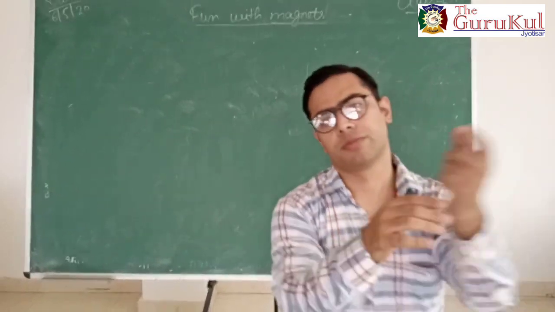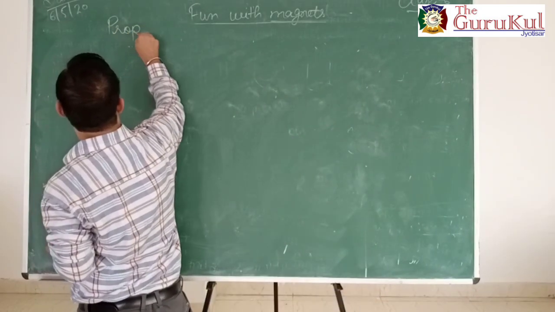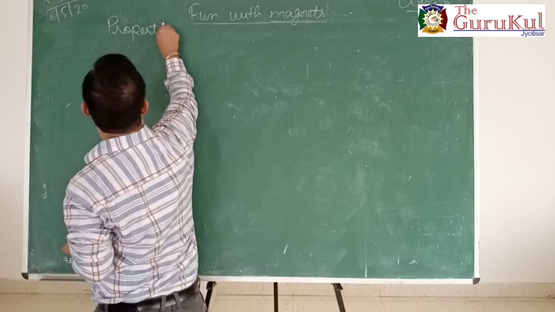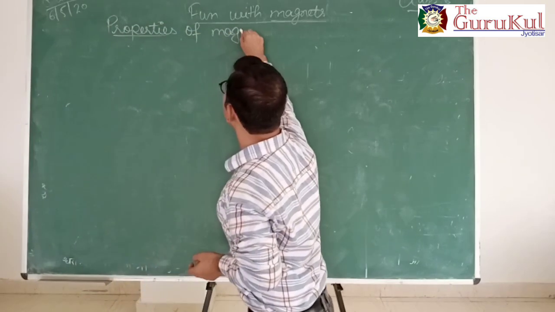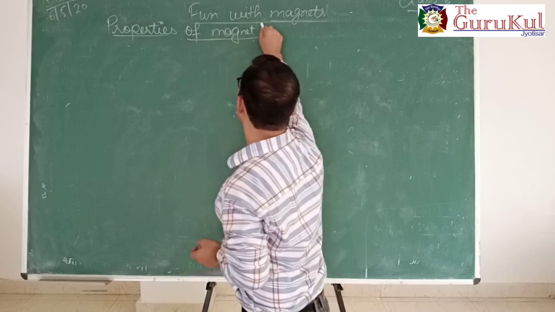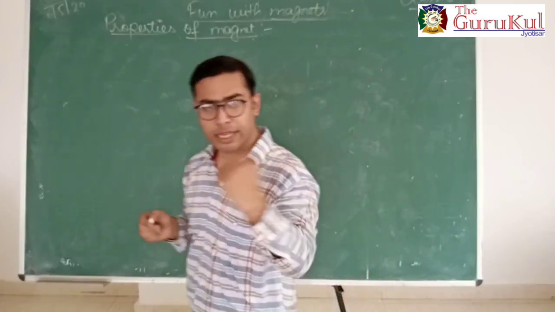Now, next topic, properties of magnet. There are mainly 5 properties of a magnet. Now what are these properties?